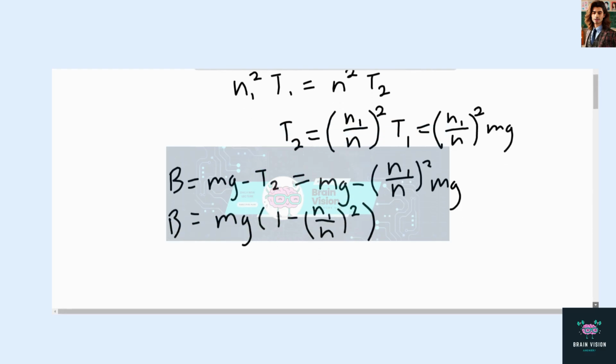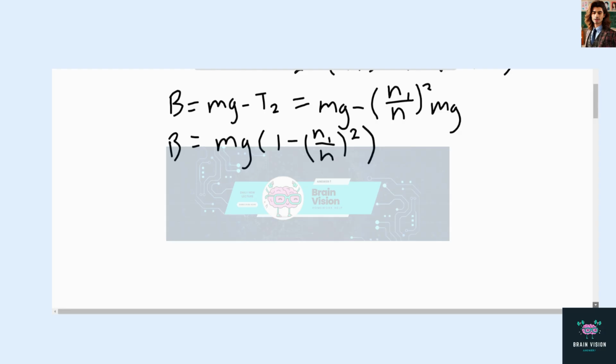Now, from here, we find another formula for B, and that is based on the shape of the sphere and the density of water. So this formula comes out to B is equal to rho W, which is the symbol I'm using for the density of water, times g, acceleration due to gravity, times 4/3 pi r cubed.